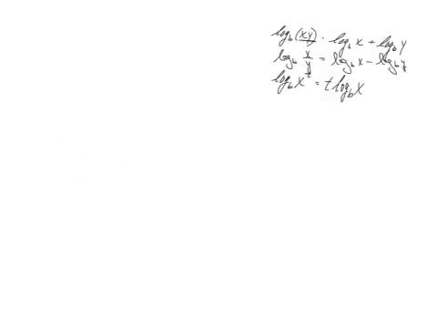Alright, let's try another one. So we are going to expand the log with a base of 2 with an x to the 4th over the square root of y times z cubed.